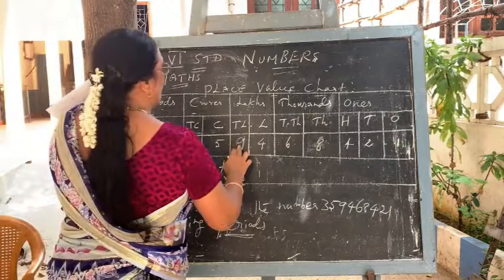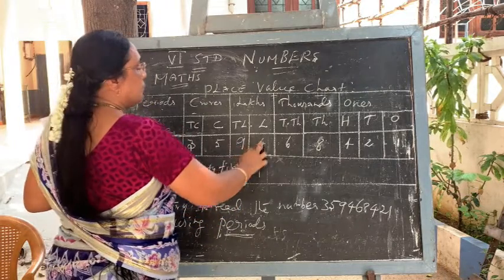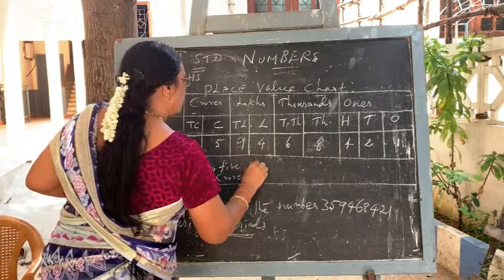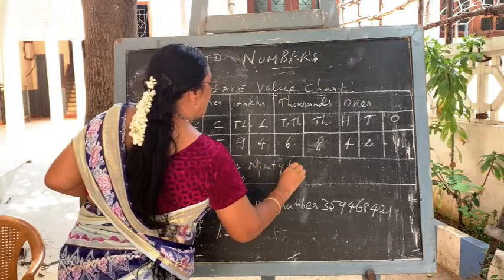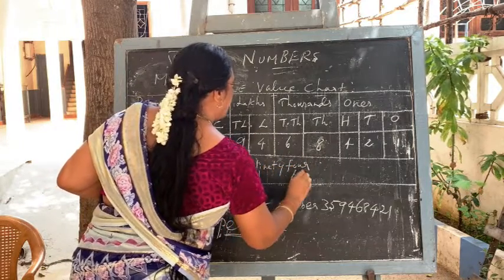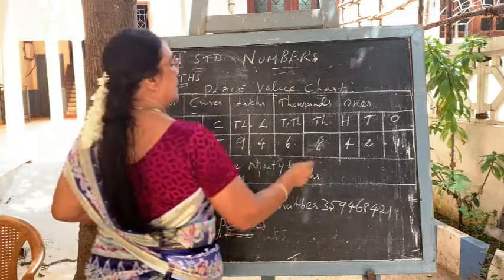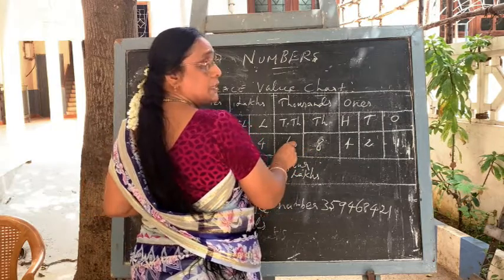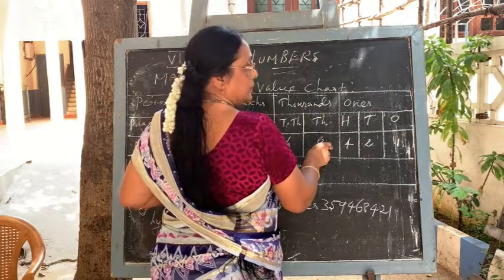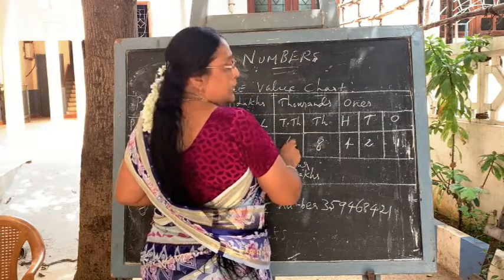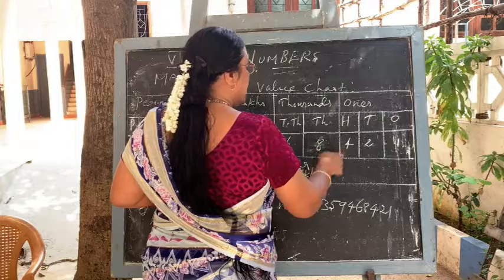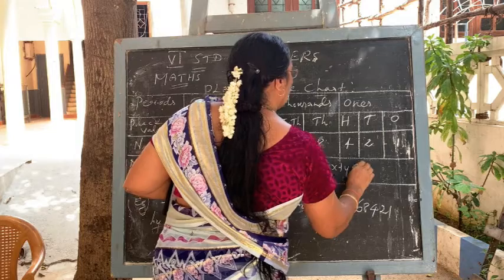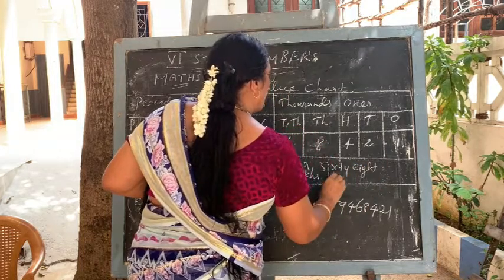Then see the lakhs. How many lakhs? For 10 lakhs, 9. Here is 4. Then you have to take that as 94. Then 94 lakhs. Then see the thousands. How many thousands? 10,000 is 6 and 1000 is 8. For 10,000 and 1000, 6 and 8, you have to take that as 68. 68,000.